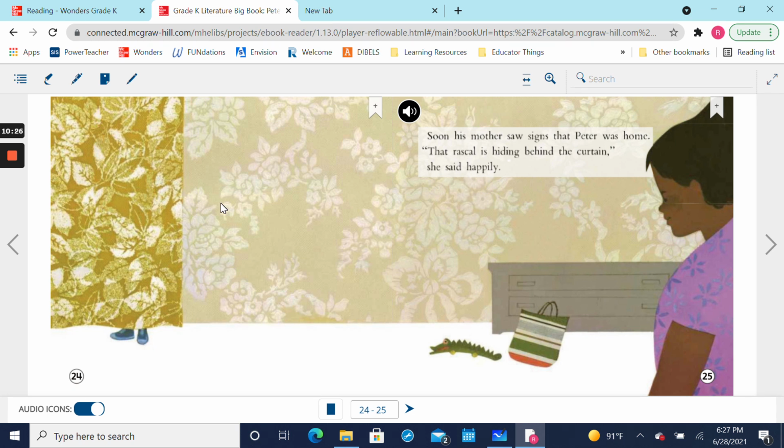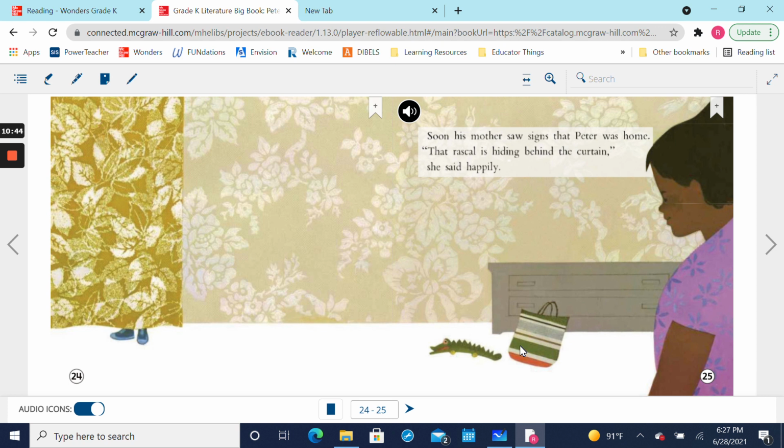Now I read that Peter's mother saw signs that he was home, but I don't see any signs on these pages. But I do see his toy crocodile and his bag.